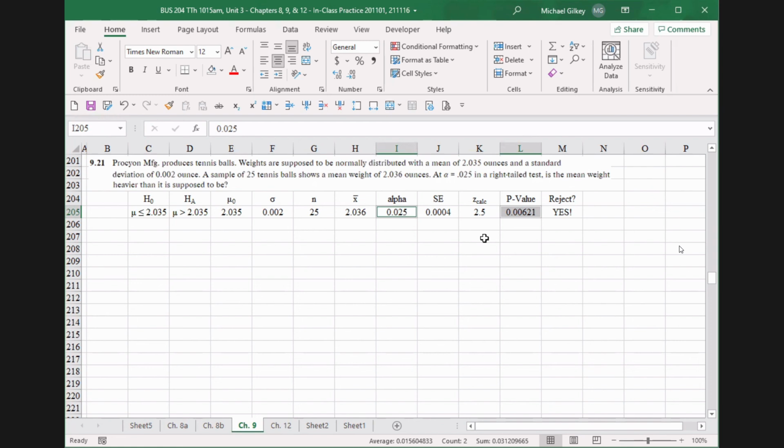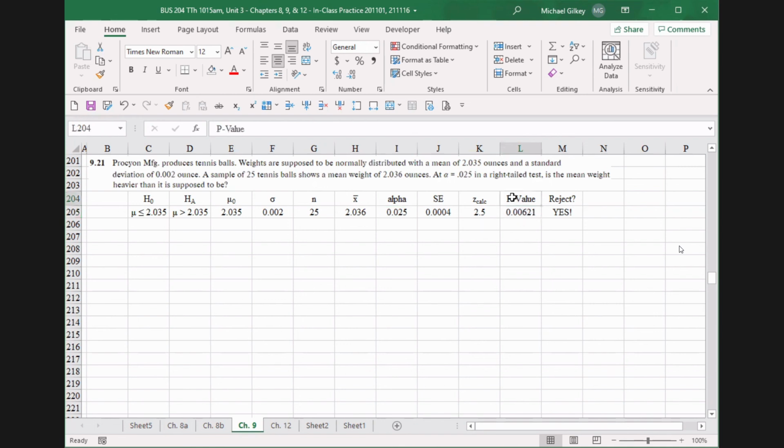No, there's a standard. Tournaments have standards, and if you don't meet the standards, you don't get to have your equipment used in the tournament. And so companies are always trying to find ways to improve their product, but still meet the standards that are required by the standard setting bodies for the tournaments.